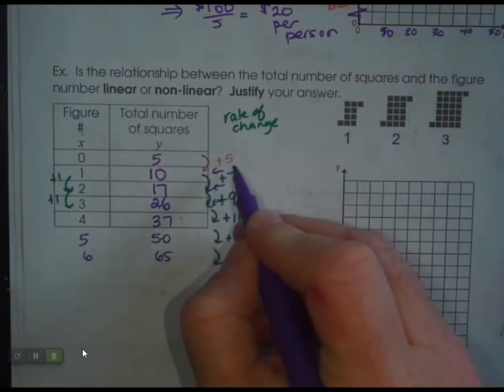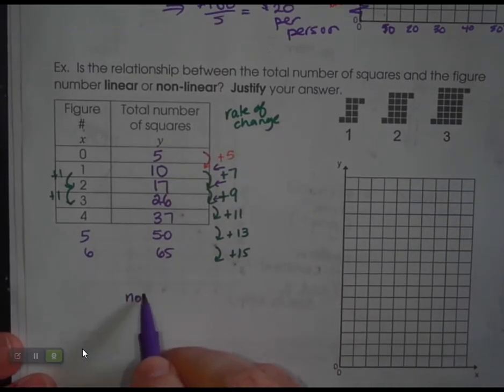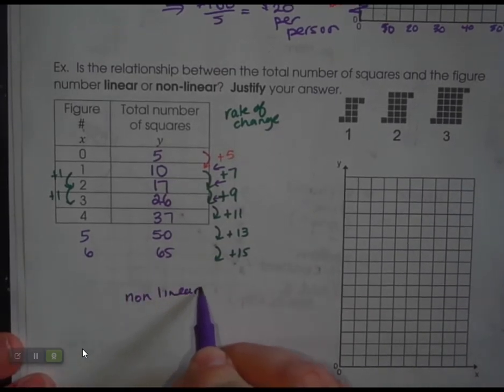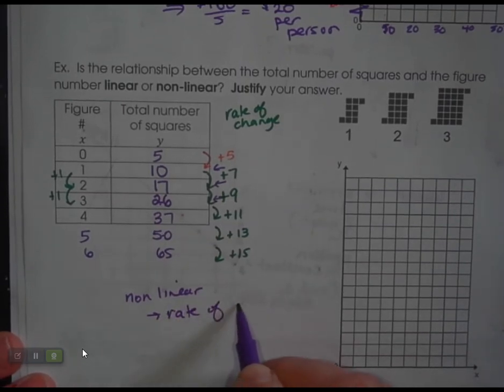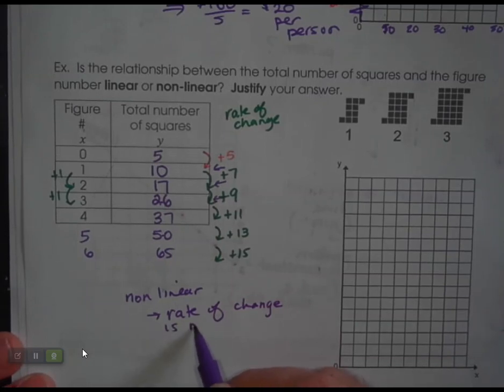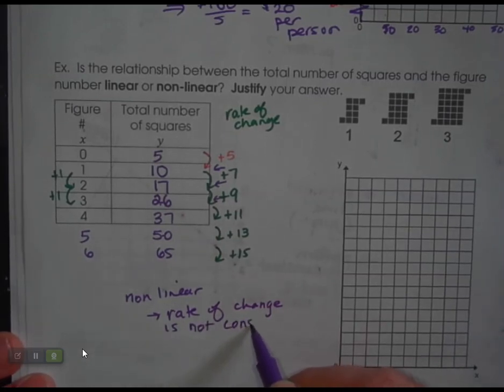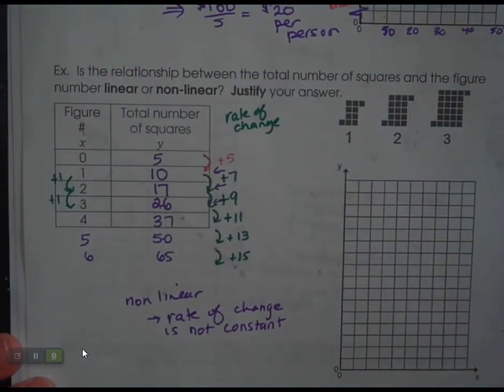So 5 plus 5 gets me my 10. So this is nonlinear because my rate of change is not constant. It's not the same. These numbers are not the same.